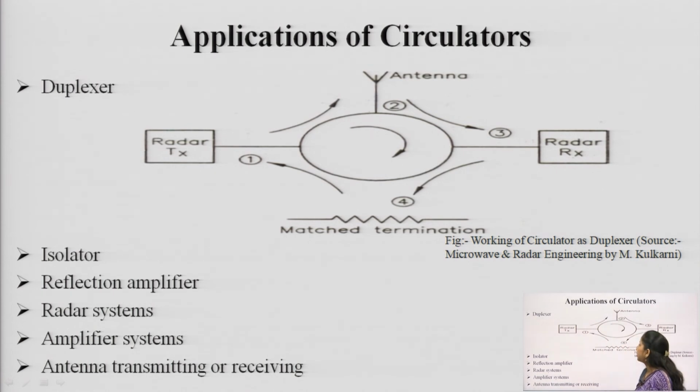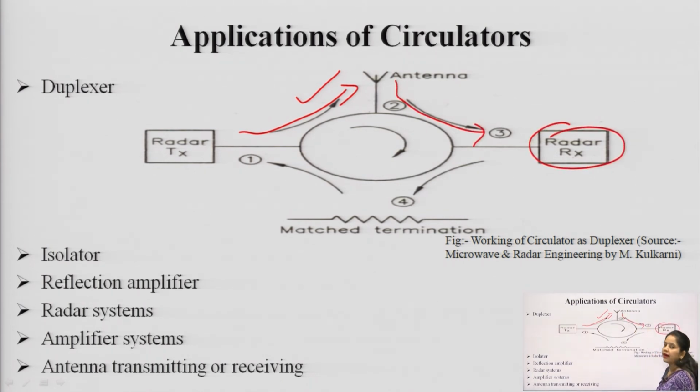Now, these are some of the applications of a circulator. The first one is a duplexer, which works as a circulator. There is a 4-port circulator here. When the signal is transmitted, it goes to the antenna and not to any other point, and when the signal is received, it goes only to the receiving radar, not to any other place.